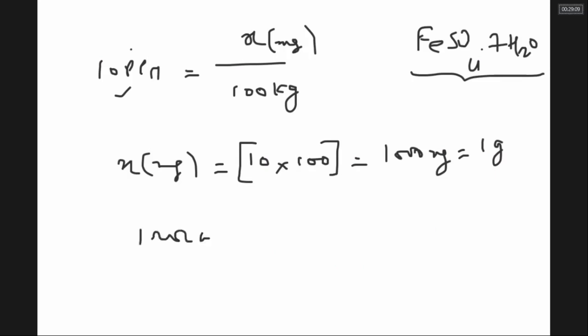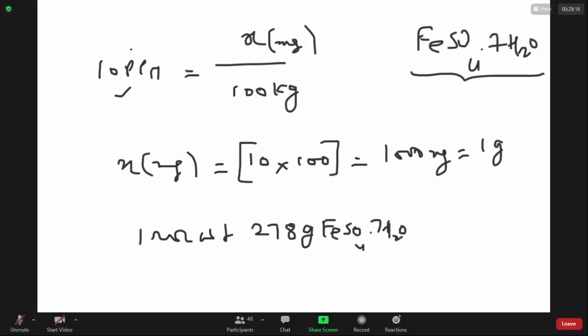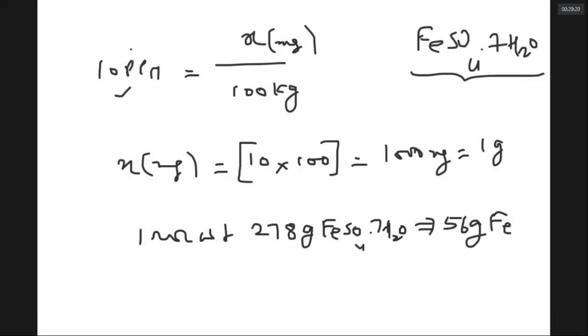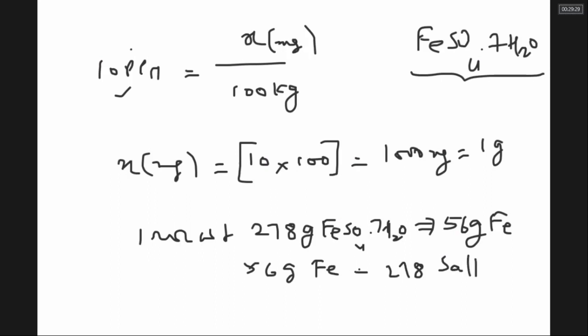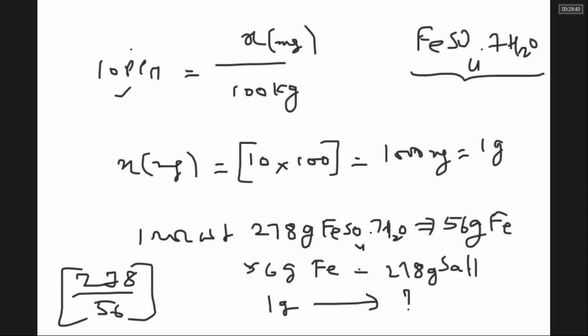One molecular weight, 278 grams FeSO4·7H2O implies 56 grams iron. Now, 56 grams iron is equal to 278 grams salt. 1 gram iron, that is what I require, is equal to how much? 278/56. This is the mass of FeSO4 I should take.